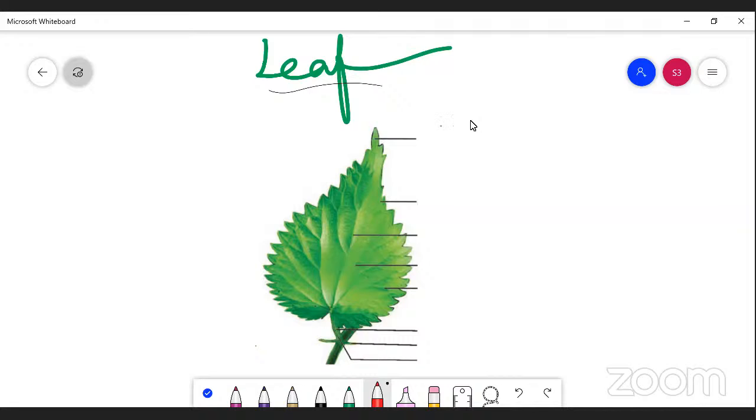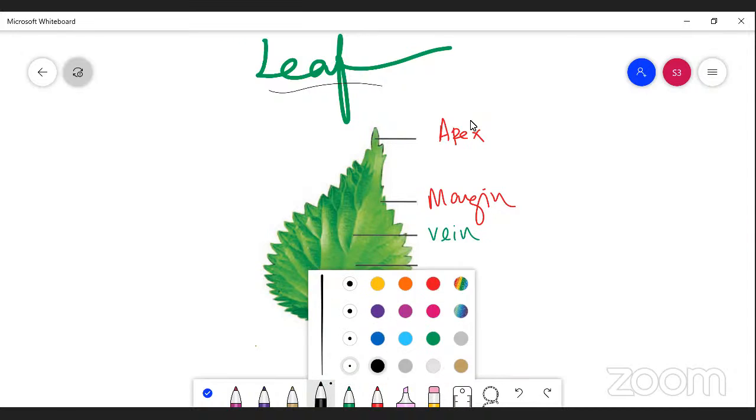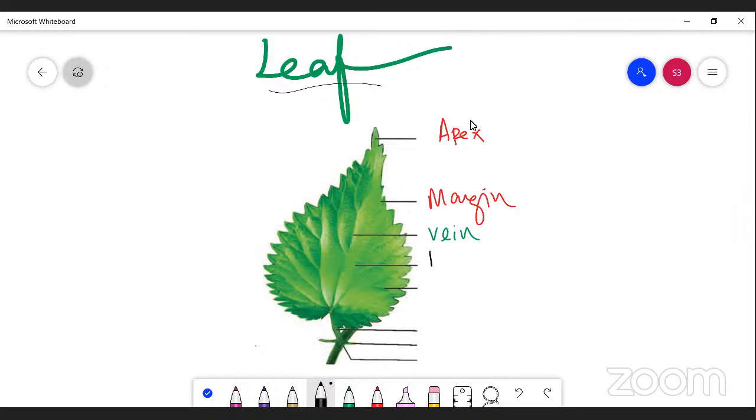The first one is the apex or leaf apex. The second one is the margin. And the third one, the vein or primary vein. The entire structure is called lamina. It is the flattened greenish portion, called lamina.